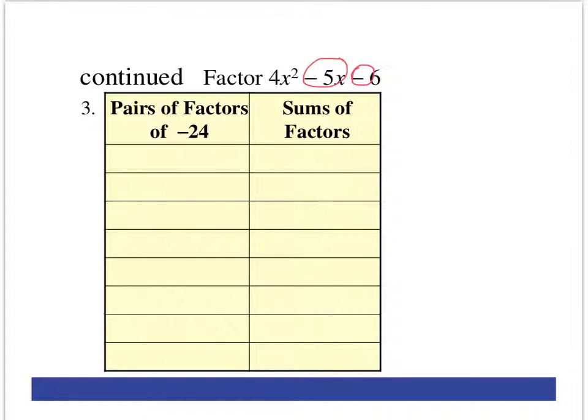So let's go 1 times negative 24 gives us negative 24, but when you add that together, that gives us negative 23. And then we have 2 times negative 12, but when you add that together, that gives us negative 10. So now we have 3 times negative 8. When you add that together, that gives us negative 5. We're going to stop right there. So that tells us what our factors are, which is 3 and negative 8.